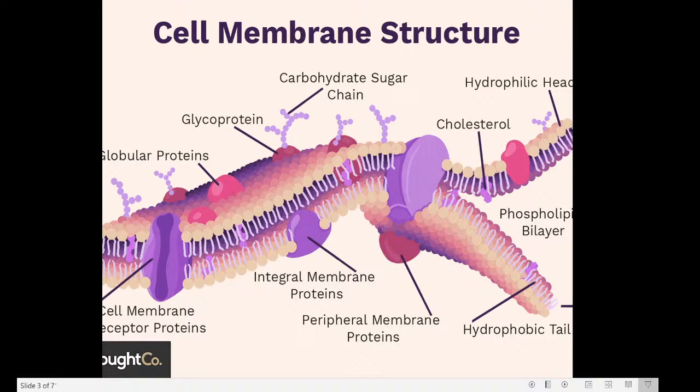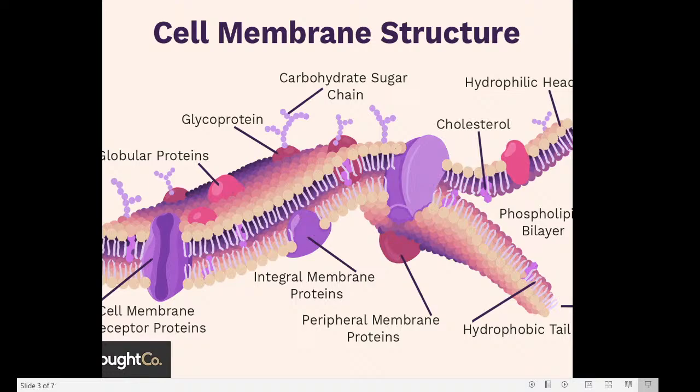Hydrophobic and hydrophilic layers mean that the cell wall needs to be stable in the environment. The internal environment in a cell, in a plant or in an animal, is made up of water, so the cell wall should be insoluble in water.